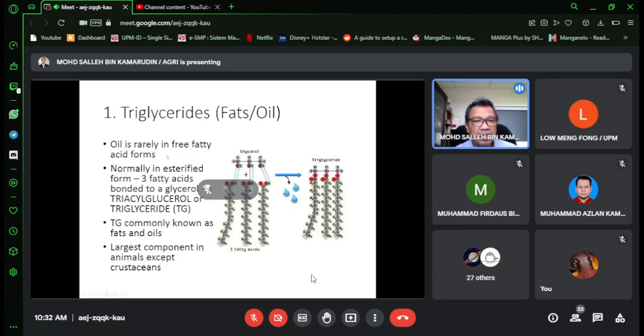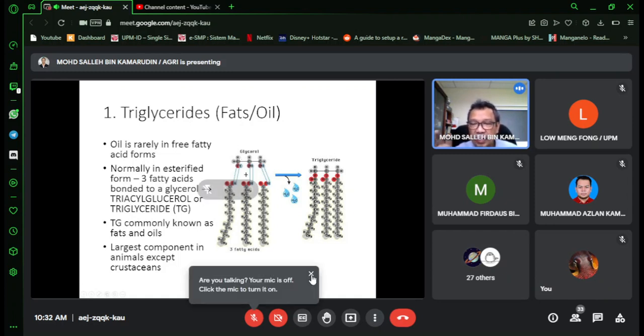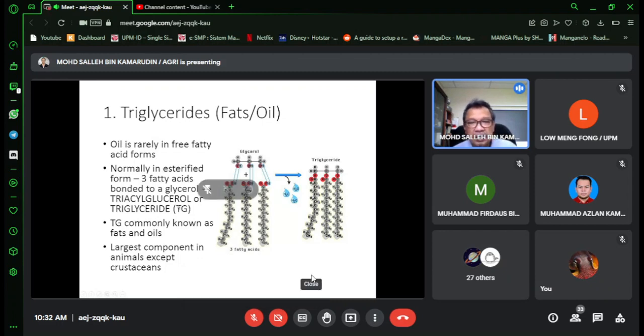Alright, they are mostly in oil and rarely available in free fatty acid forms. Dia mesti ada fatty acid plus kolesterol, dia campur. Dia jarang dalam single fatty acid. Normally in esterified form, become triglycerides.